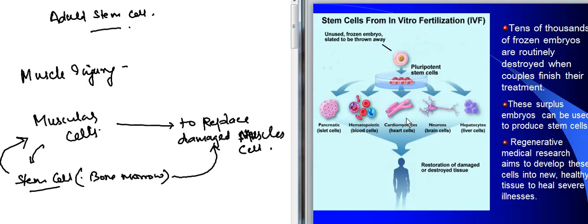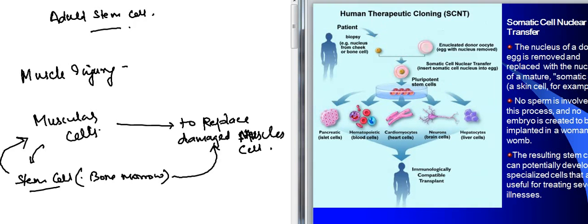That means for any problem in the future, the solution is stem cells. Stem cells can make you healthier, because the stem cells are from your own body and they have a tendency to proliferate into other types of cells. Suppose a patient has a liver problem, so the lab takes the stem cells of this patient and they are cultured.